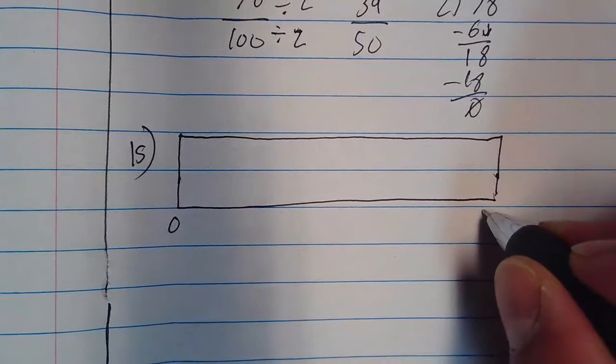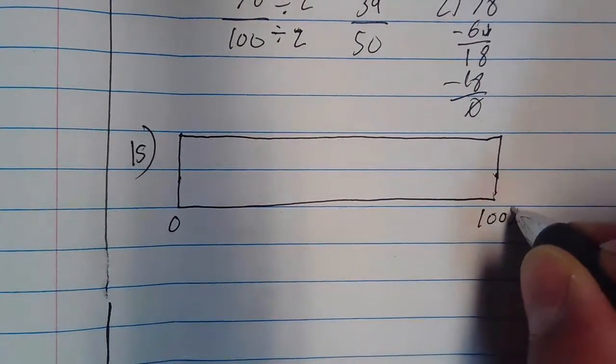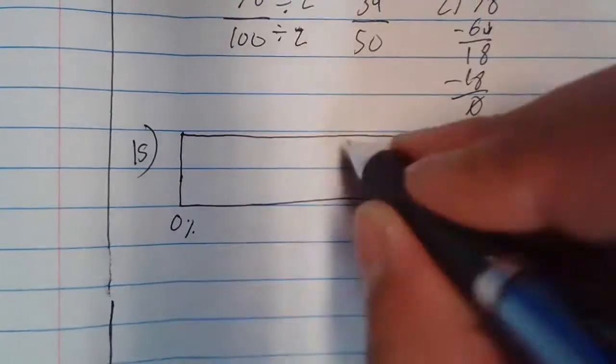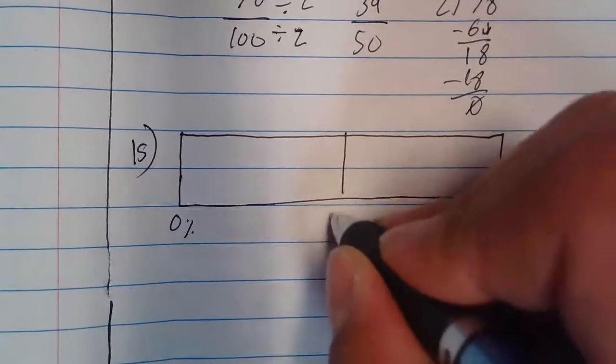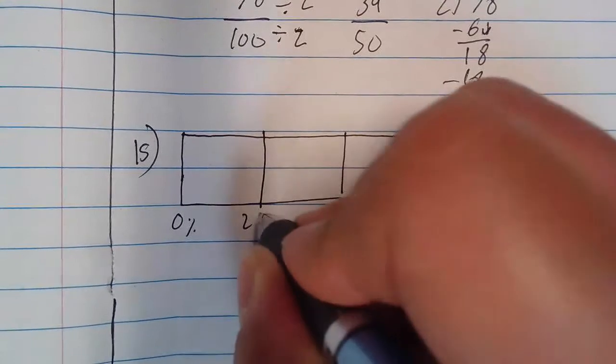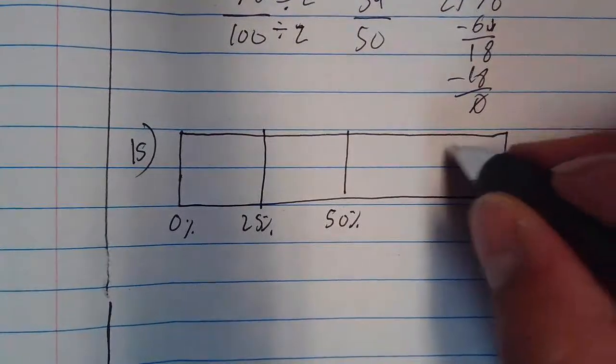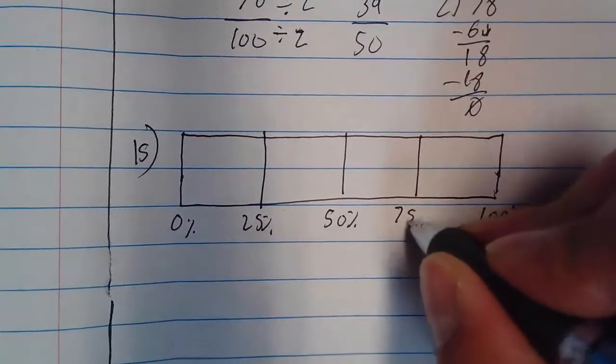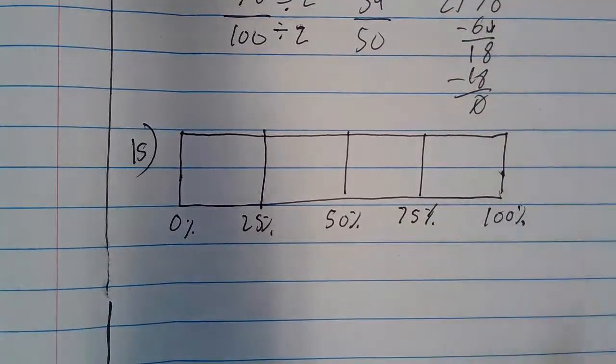0%, 100%. In the middle is 50. I'm going to break it up into 4 pieces. Okay.